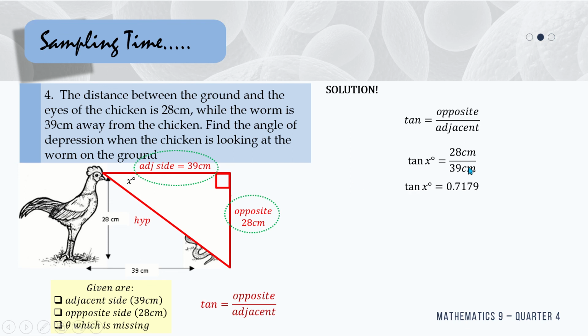Next, we write tangent x degrees is equivalent to 0.7179, nga naman gi-divide na ang 28 over 39. Next, to solve for x degrees, missing angle, unsa ang buhaton? Sir, pag-eliminate sa tangent, do we divide over tangent? Dili pwede.